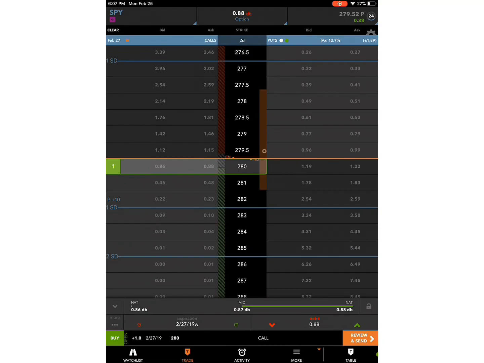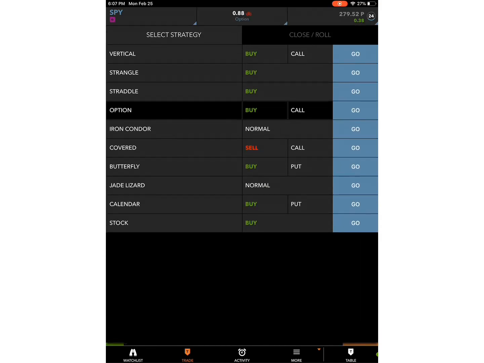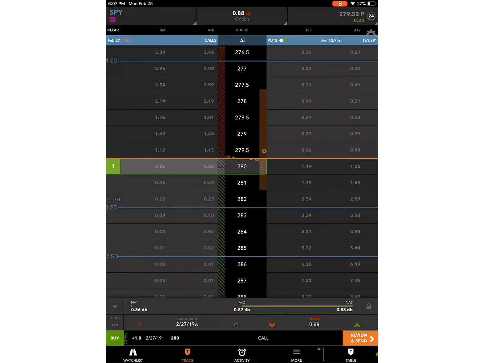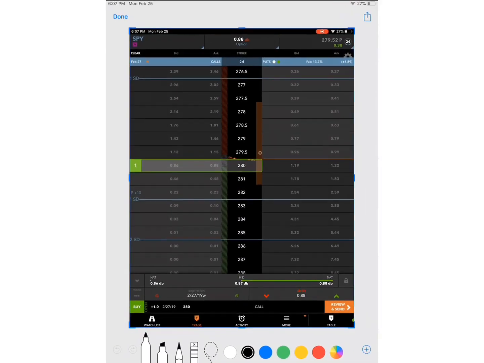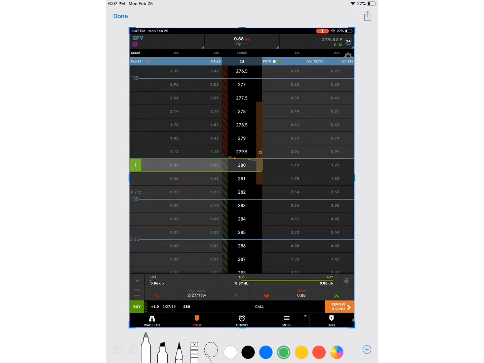So, because the market isn't open, there isn't much we can do. But remember, we want to buy near the ask. So the ask could be up here. And remember, calls are right here and puts are right here. So we're doing calls. So this is set up a little bit differently than Robinhood.